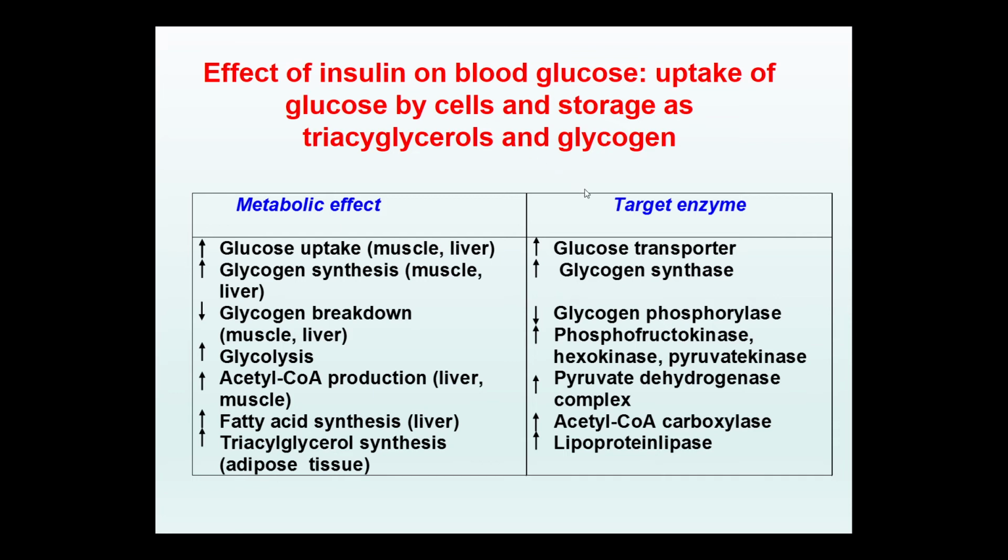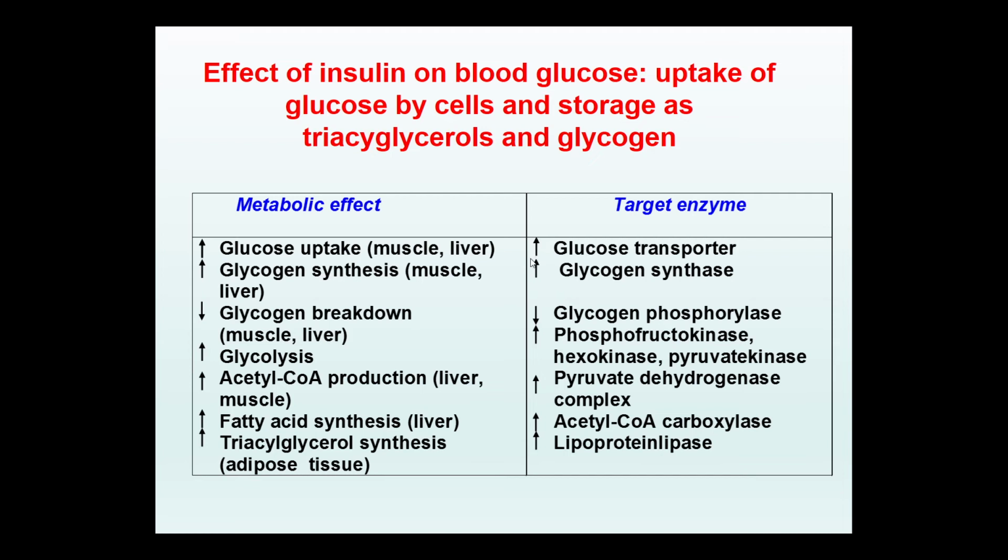On this slide, you can see the table where we can see the effect of insulin on different pathways of our metabolism. And here you can see the target enzymes in these pathways.